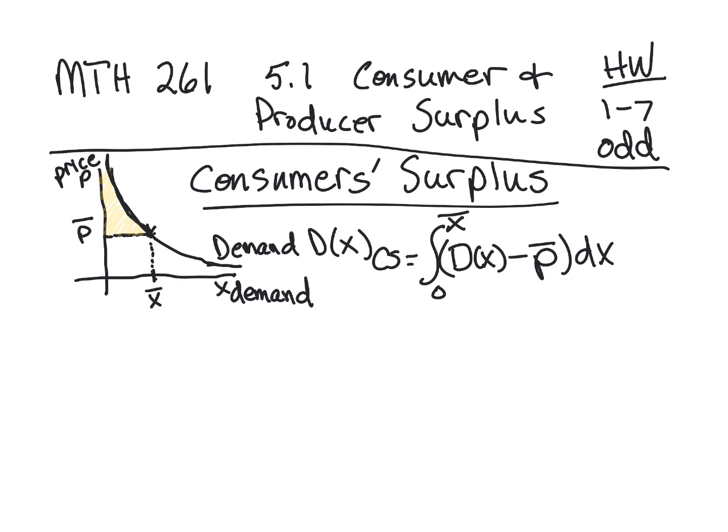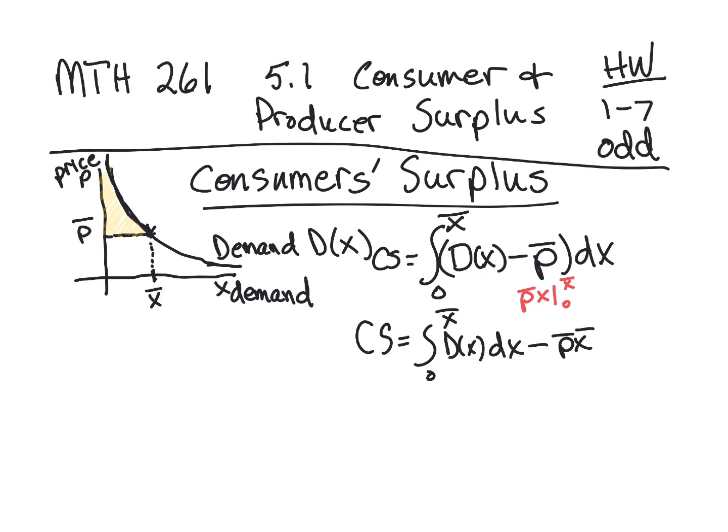And sometimes you'll see it written as if this integral was split in two and you're integrating this bit. Well, P bar is just a number. When you integrate that with respect to x here, you're going to get P bar x from 0 to x bar. So when you evaluate that, you're going to get consumer surplus is the integral from here to there of the demand function minus P bar x bar, which is just a number.